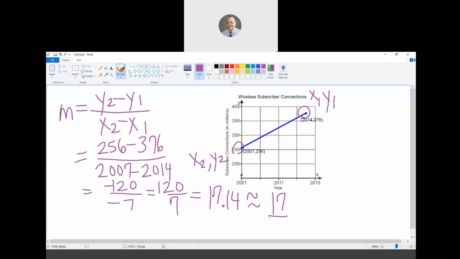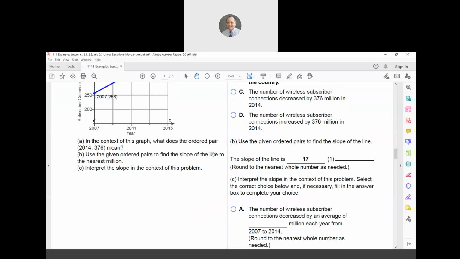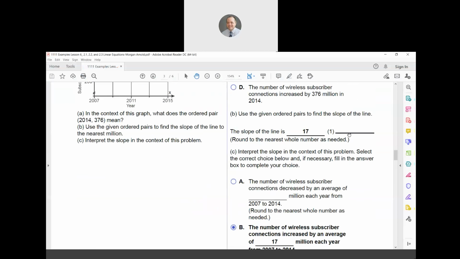Now let's go back to our actual question. 17 is correct. Million per year is the correct units, million per year.